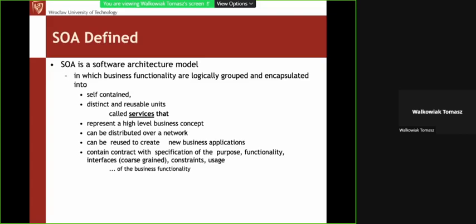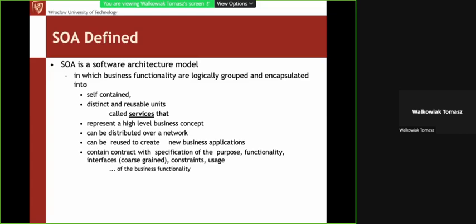So it is more or less, in a very abstract way, the same, but what is important is that it is placed in the network, so components have to be self-contained, like objects, distinct and reusable units. The same idea we have behind objects, but now we are calling them services.